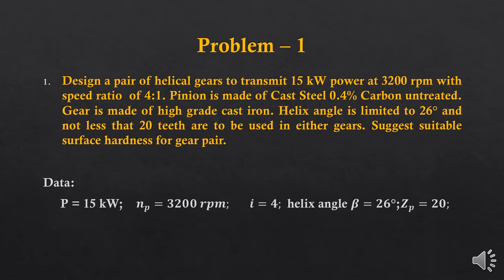Helix angle is given as 26 degrees, and number of teeth should not be less than 20. Therefore, for the pinion, which will usually be the smaller gear, we will assume the number of teeth for pinion, ZP, as 20. Now this is an assumption that we make. Alright, so let's go ahead and solve the problem.